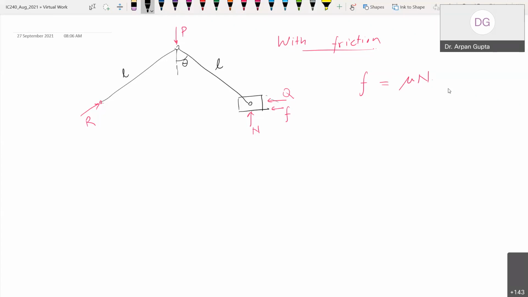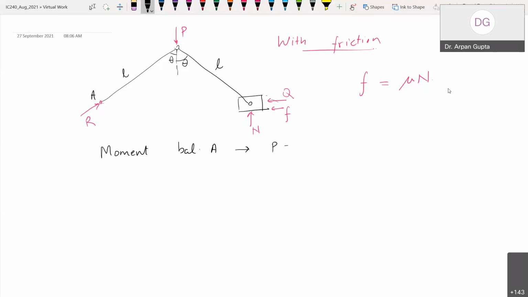And we have to calculate the normal reaction N. And to calculate normal reaction N, we will do a moment balance about the point, let's say A. And if we balance the moment about point A, what we will get is P times L sine theta should be equal to N times 2L sine theta.